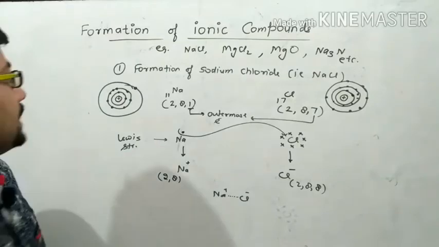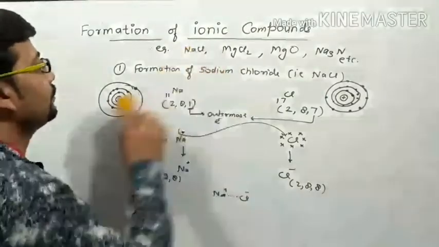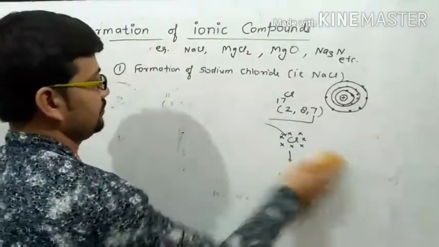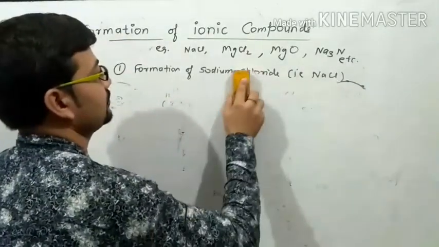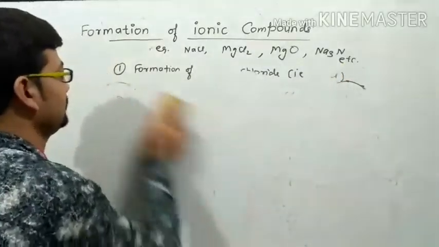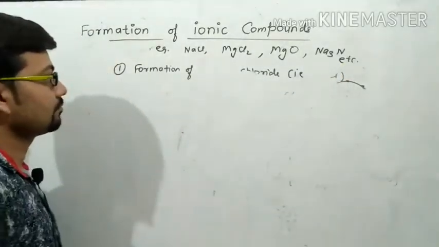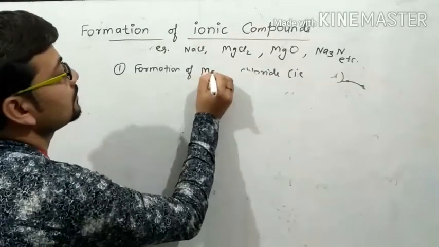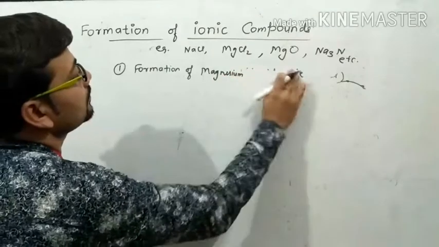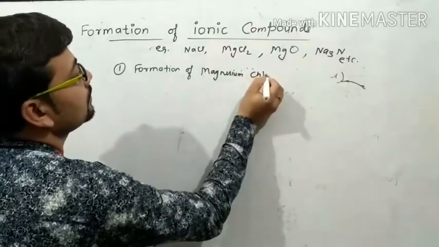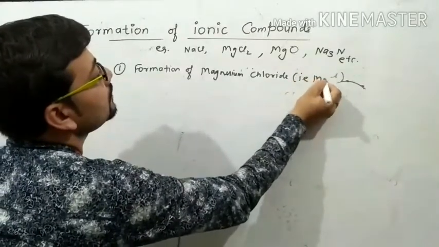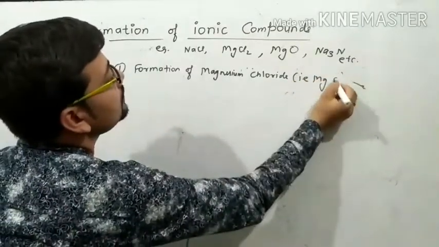Now the second example, formation of magnesium chloride, that is MgCl2.